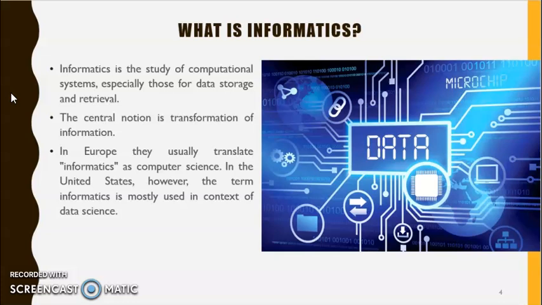So that's the reason that in the second bullet it says the central notion of informatics is transformation of information, because you have big data, because you have big information, for example, 5 years, 10 years, 20 years of information about a business, and you transform that data into a more valuable set of information that can help you to make a better decision.